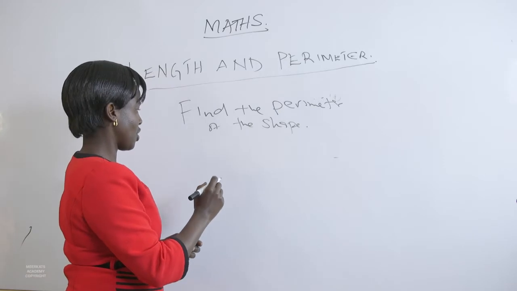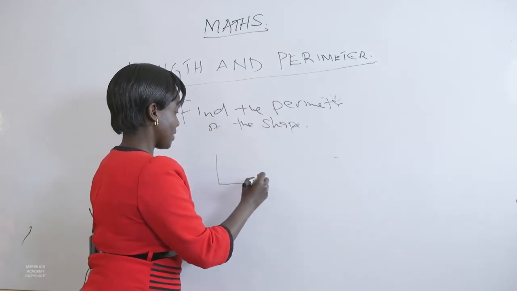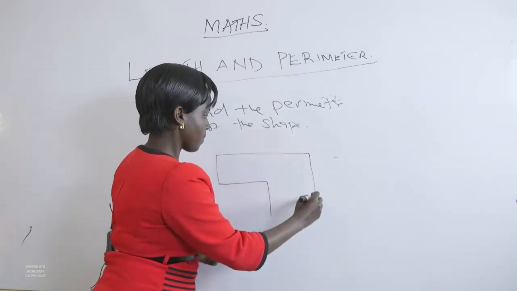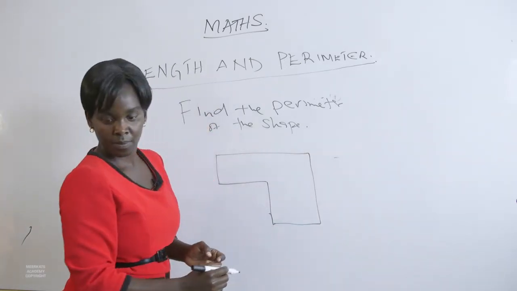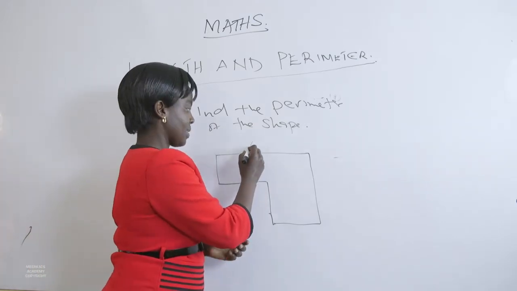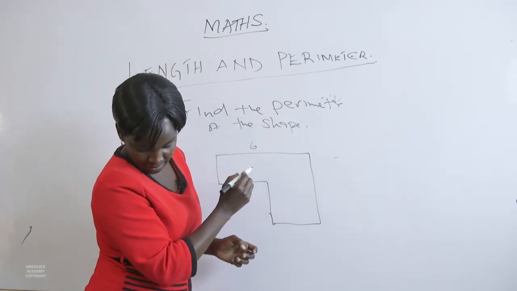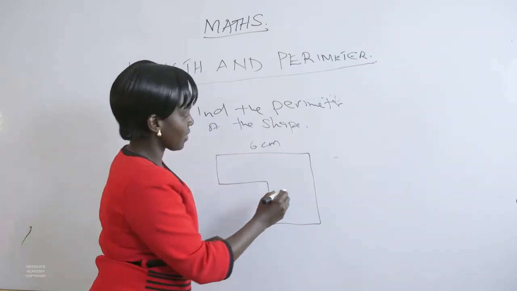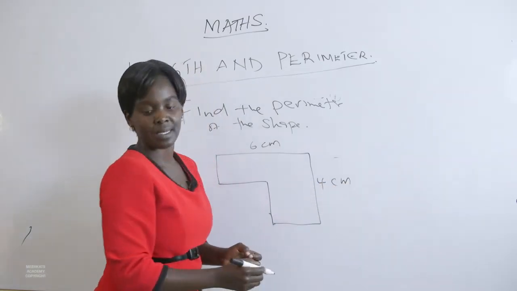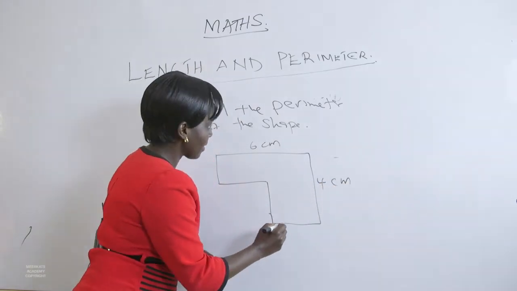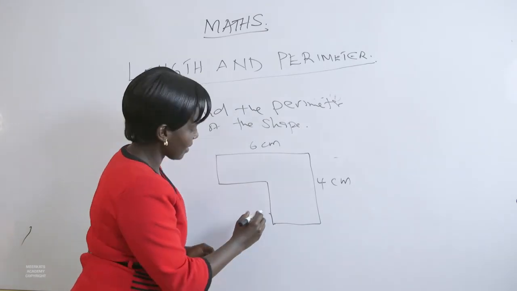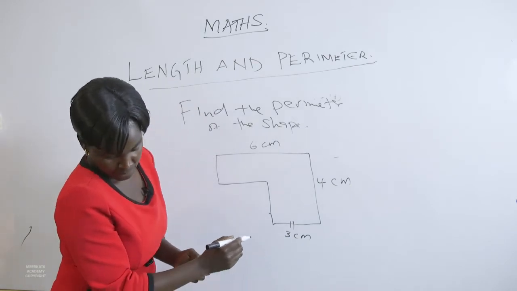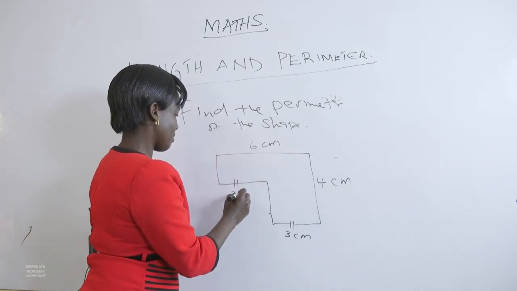Find the perimeter of the shape still. Almost the same. This is still 6 centimeters. This is 4 centimeters. And this is 3 centimeters. We are also told this is 3 centimeters.